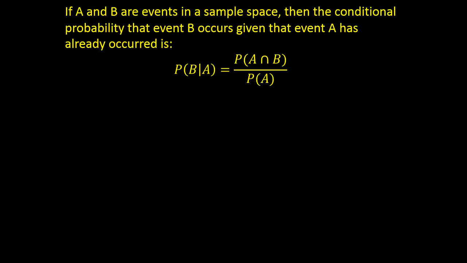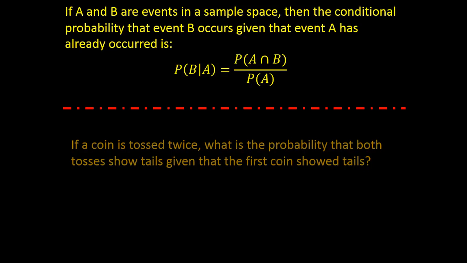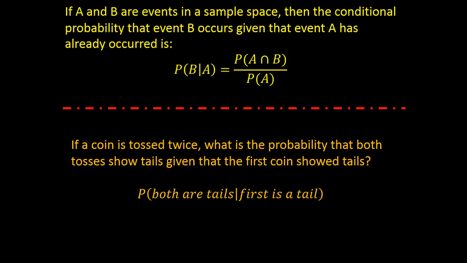And to see how this formula works, we're going to look at this same problem. If a coin is tossed twice, what's the probability that both tosses show tails, given that the first coin showed tails? We know that the conditional probability is 1/2. But let's look at using this formula to find it.